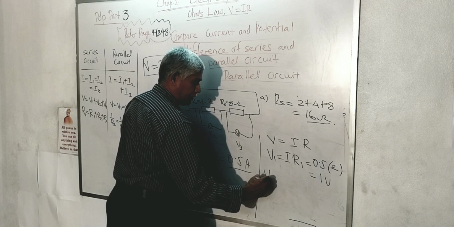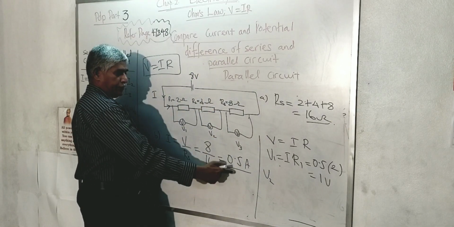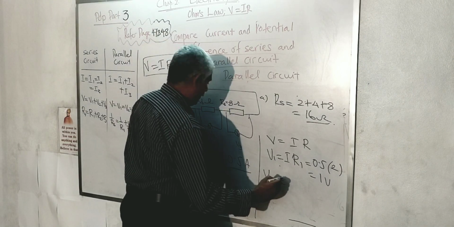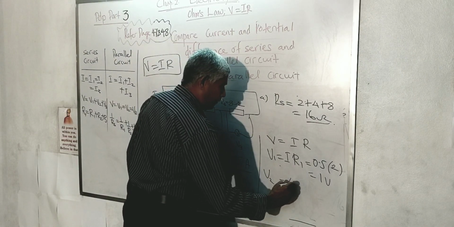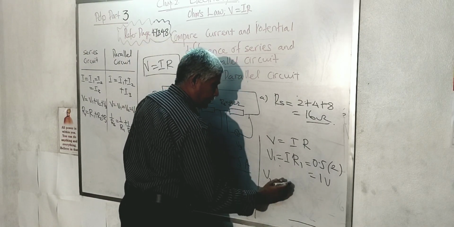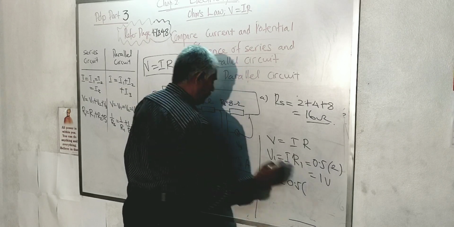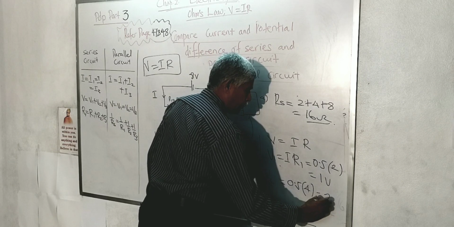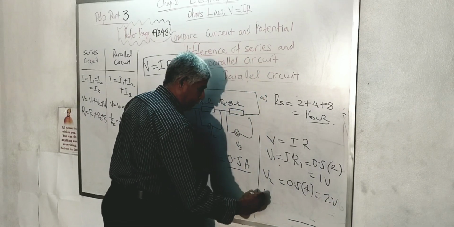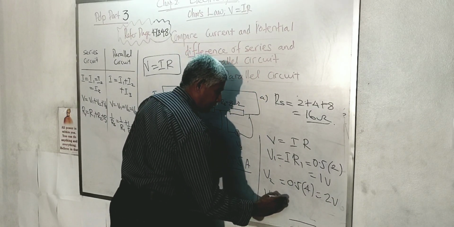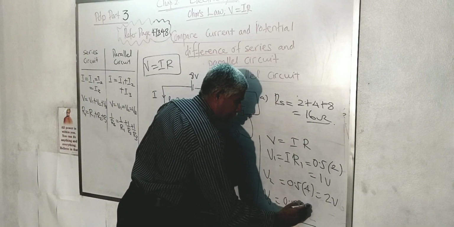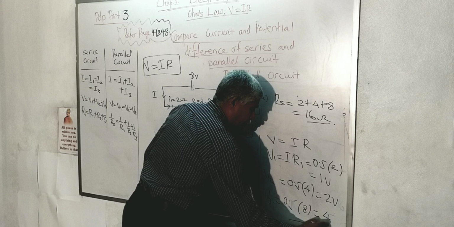Then V2, the same current 0.5 multiplied by resistance 4 ohm, so we get 2 volt. And finally the same current 0.5 multiplied by resistance 8, so we get 4 volt.